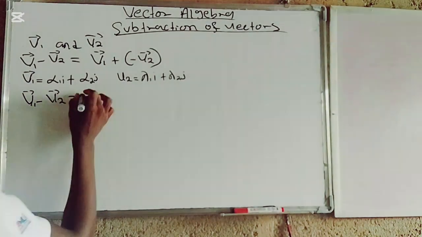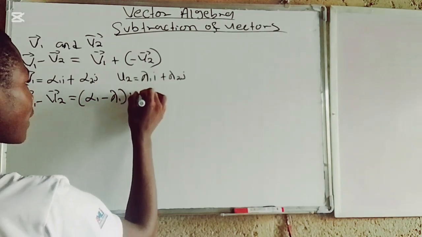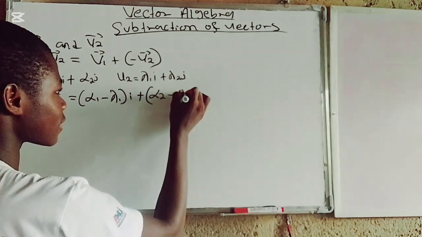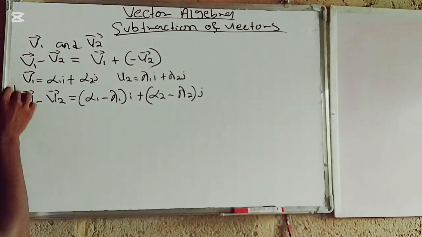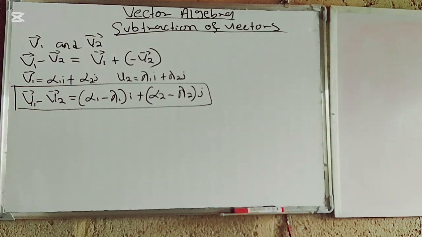To subtract v1 minus v2 is the same thing as alpha 1 minus lambda 1 of i, plus alpha 2 minus lambda 2 of j. This is how you can subtract vectors.